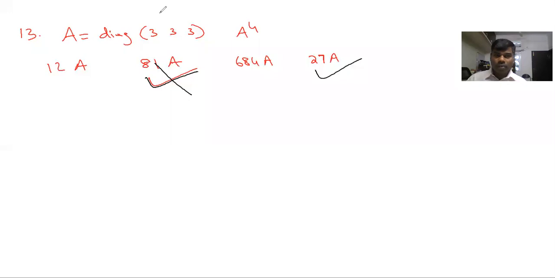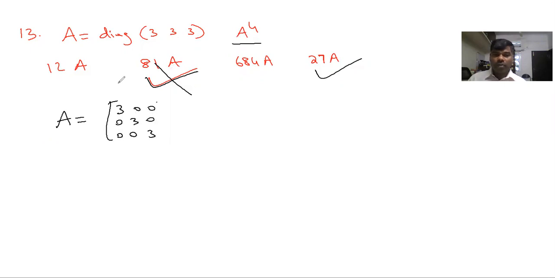So here only we need to be careful. Usually what we see, A power 4 is there, A is 3, so we'll write 3 power 4. If it is 81I, then it is correct, but it is not 81I. I'll tell you why. A equal to the diagonal 3, 3, 3 means it is 3 0 0, 0 3 0, 0 0 3.